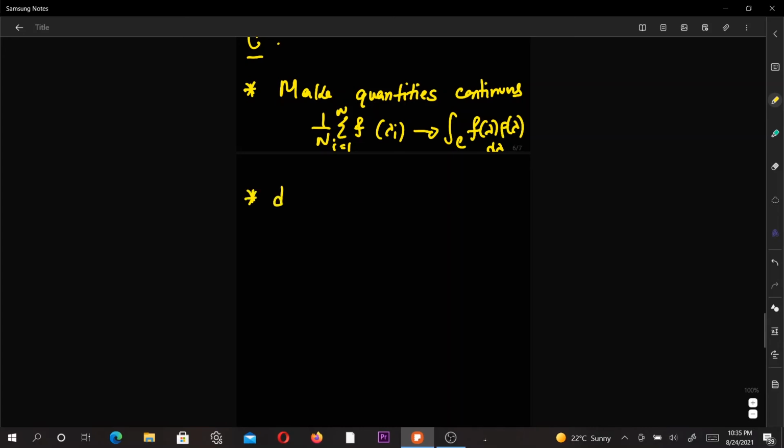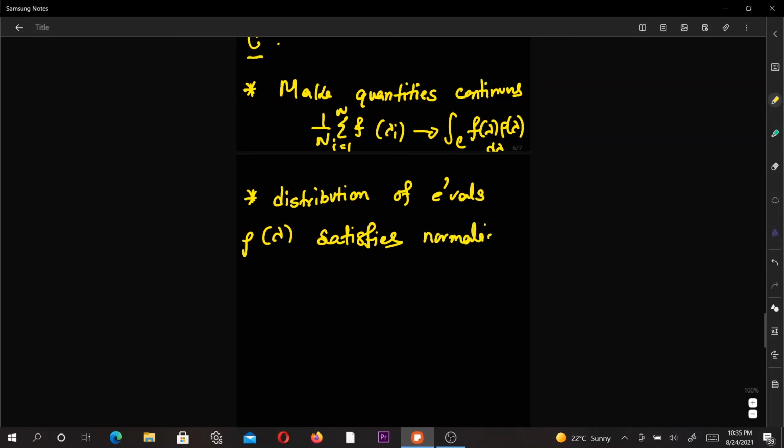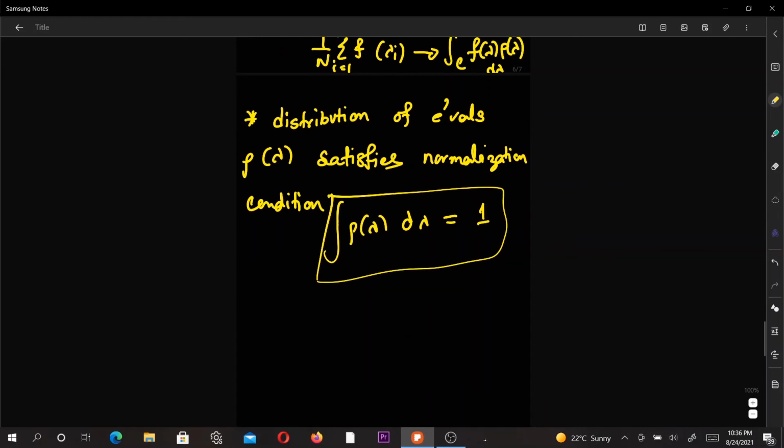Also, the distribution of eigenvalues, rho of lambda, satisfies a normalization condition: it is normalized to 1.